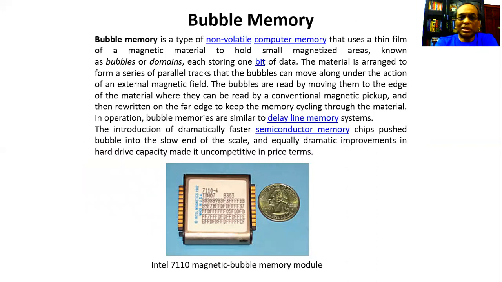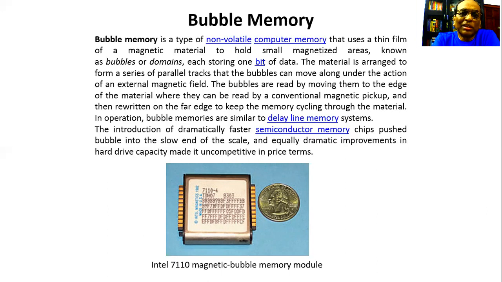Bubble memory, it is such a catchy word. What is bubble memory? Bubble memory is a type of non-volatile computer memory that uses a thin film of a magnetic material to hold small magnetized areas. So it is basically made out of a thin film of the magnetic material.